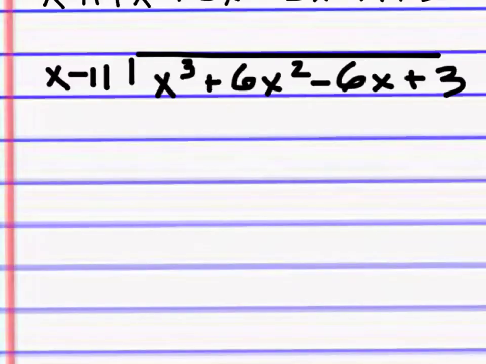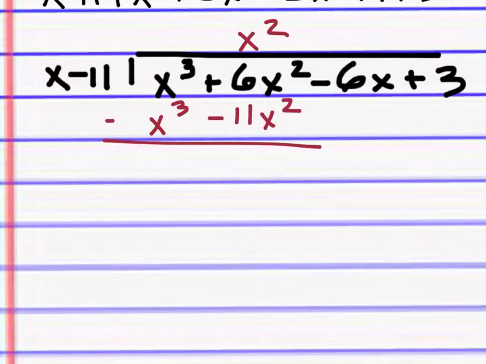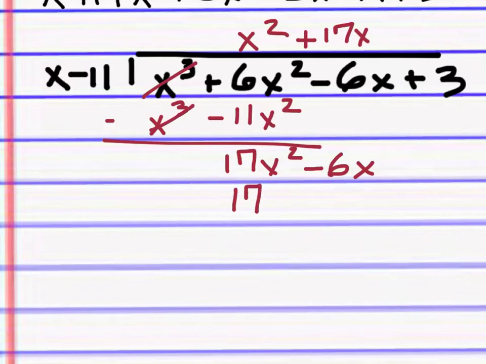There we go. So we're going to multiply x by x squared there to get x to the third, and then it's going to be minus 11x squared. So when you cancel here, you're going to have 6 minus a negative 11, so that's 17x squared, and drop this minus 6x. And then you'd have to multiply by 17x to get this, and then again it's going to be minus 187x. Cancel here.